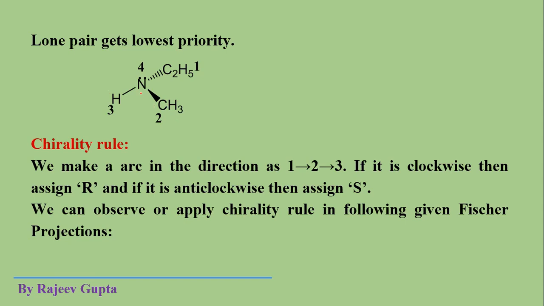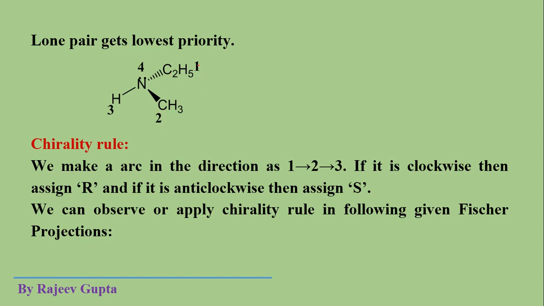So we can assign the 1, 2, 3 and 4 priority order according to the CIP rule. First of all, we check the atomic number of the atoms directly attached to the tetrahedral atom, which is nitrogen here. This is C2H5, this is CH3.